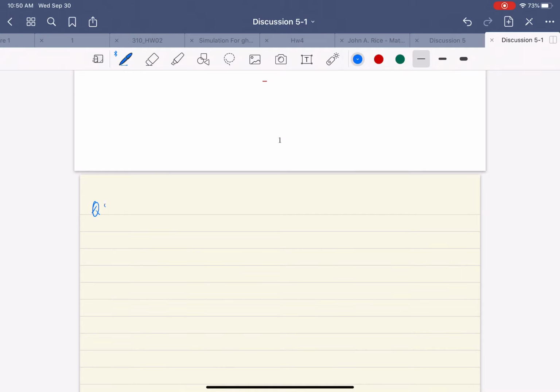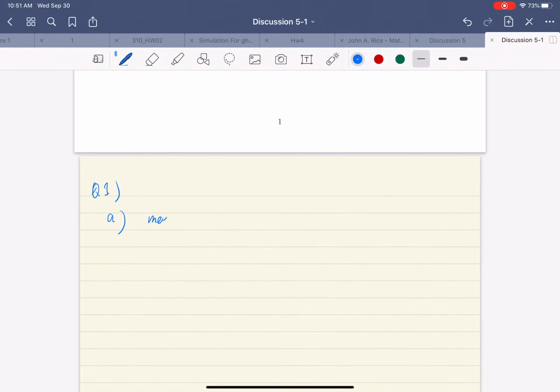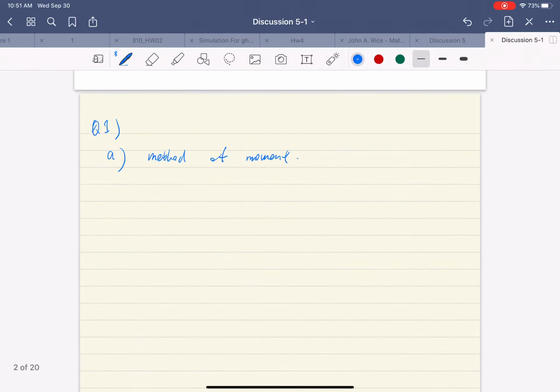So for question 1, the first part, we have to find the method of moments estimator. The expectation of S is equal to 1 multiplied by theta plus 2 multiplied by 1 minus theta, and we get 2 minus theta.